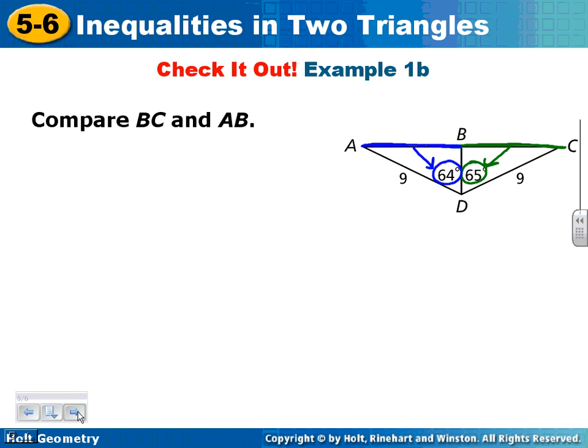So which side is bigger? Of course, it's the one that goes with the 65. So my answer would be BC is greater than AB. Or, of course, AB is less than BC. Again, because 65 is bigger than 64. Let's look at our last slide.